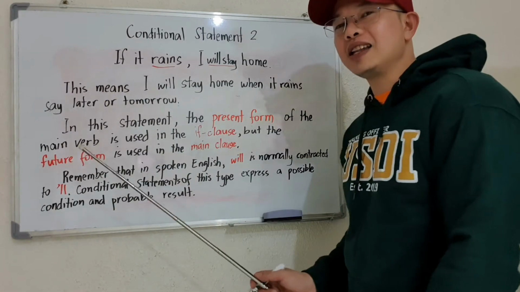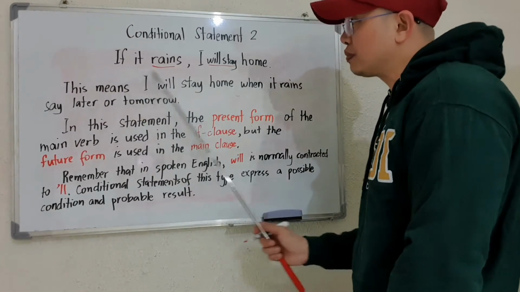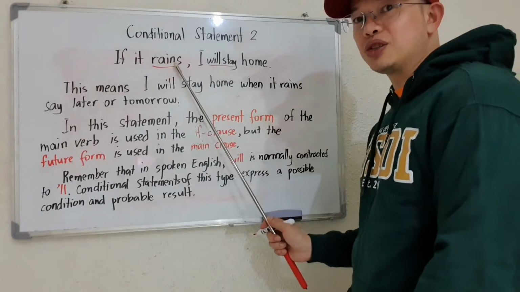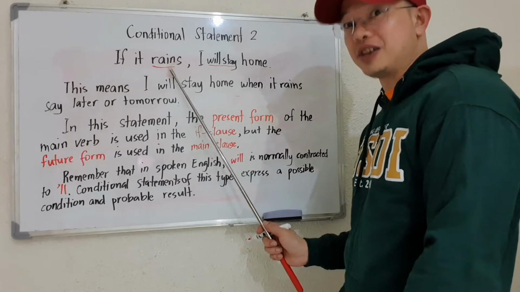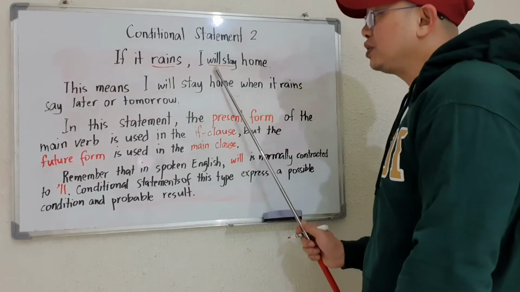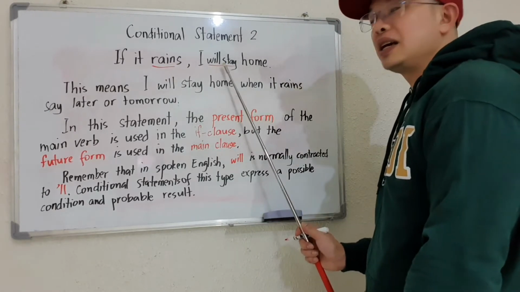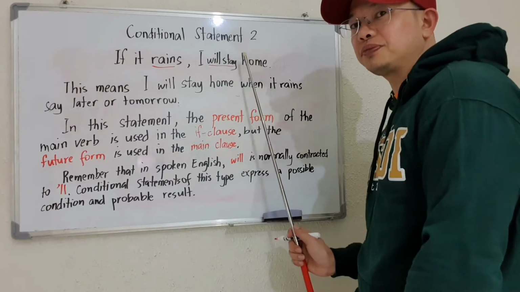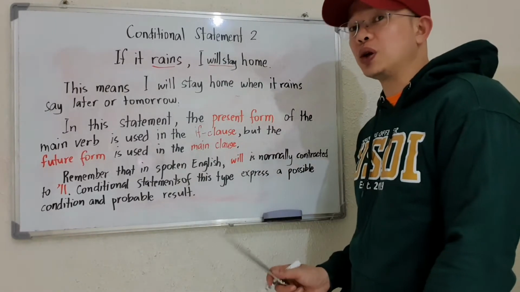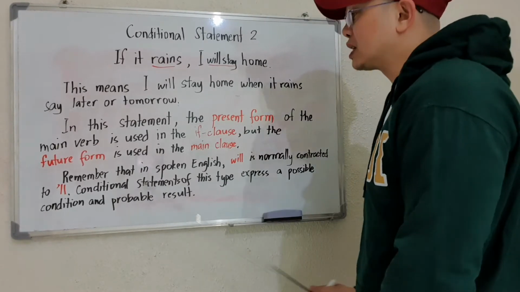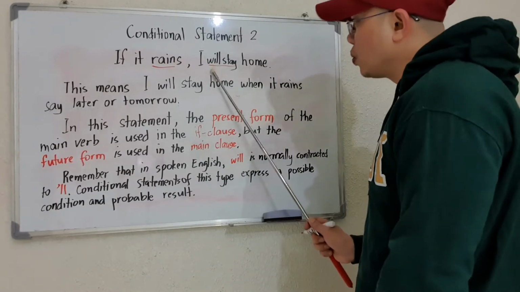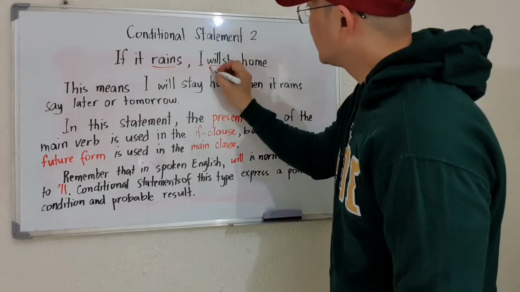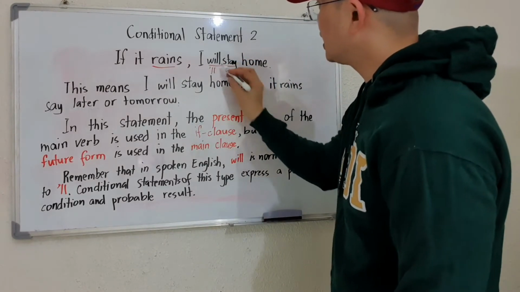So again, in this statement, the present form of the main verb is used in the if clause and the future form of the main verb is used in the main clause. Remember that in spoken English, will is contracted to 'll.